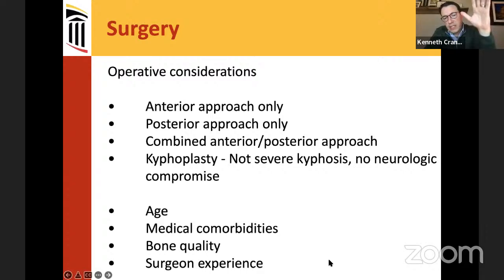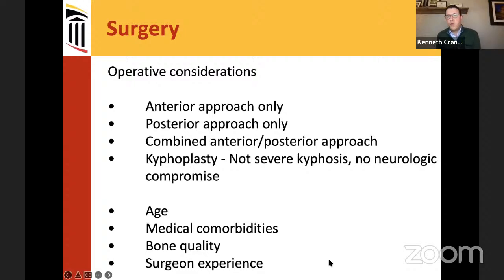I put kyphoplasty there for completeness, but it's really not the scope of what we're talking about today, which is really more severe kyphosis and patients who have neurological compromise or spinal cord compression. But certainly for certain circumstances where there is no significant cord compression or neurologic deficit, and the kyphosis is not severe, kyphoplasty is certainly an option.